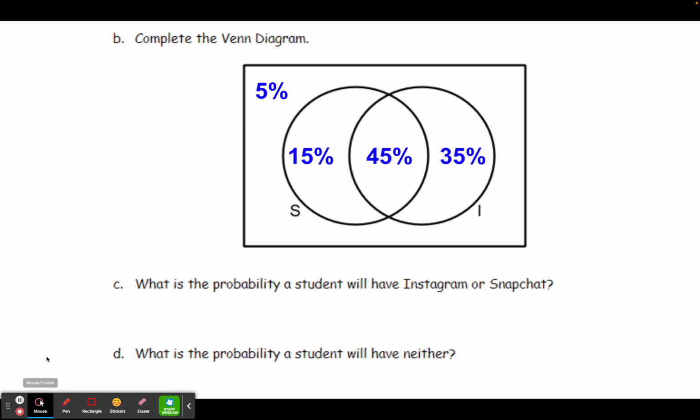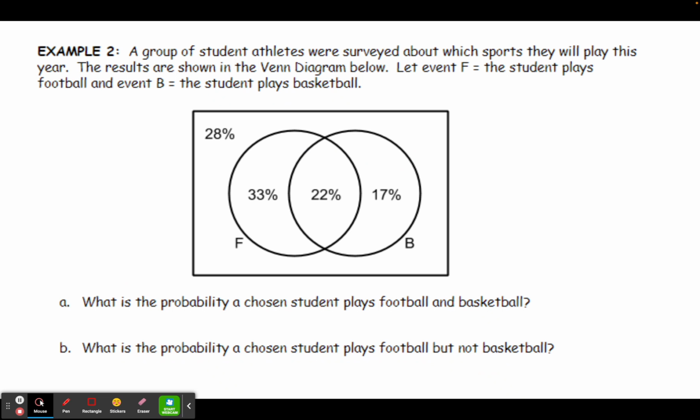So if we add those all together, that gives us 95%. And for part D, the probability that a student will have neither, that's the 5% on the outside. So if you're looking for the probability of or when you're working with Venn diagrams, it's anything that is inside the circles, including the overlapping part. Neither is outside the circle.